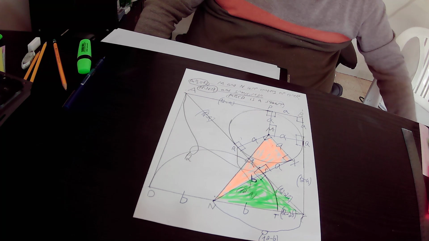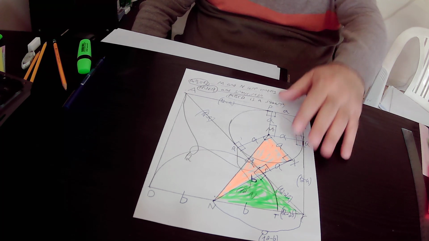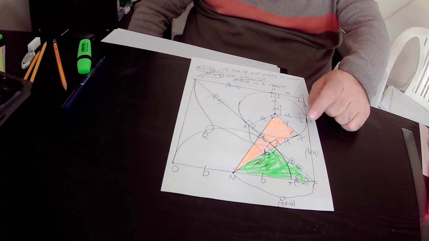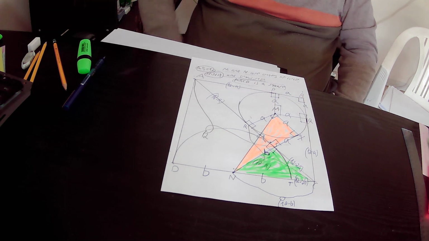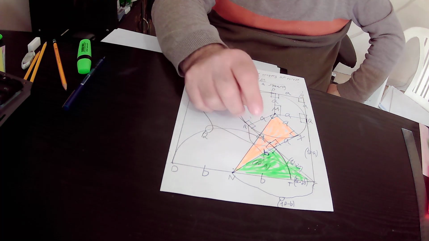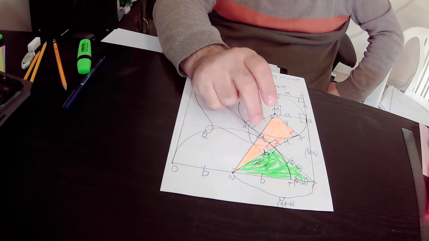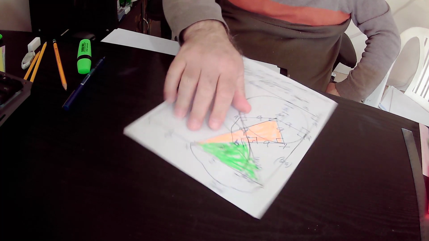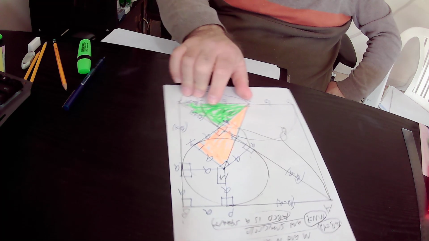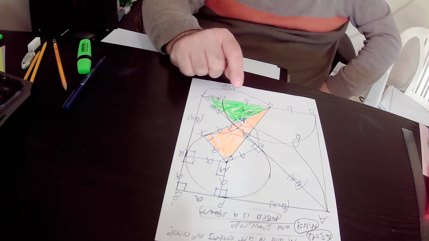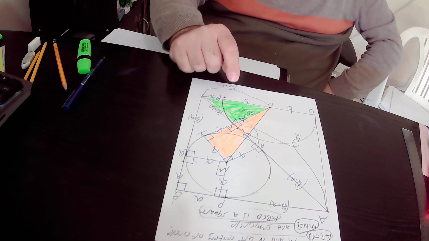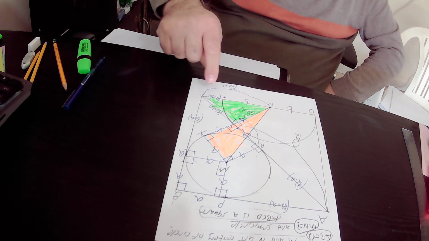So in the next step, we join together points N and S by a straight line. NS is the radius of the semicircle, that is to say it equals B. And we have the radius NS that is drawn to the point of tangency, that is to say to point S, the point of tangency of tangent AC with this semicircle.